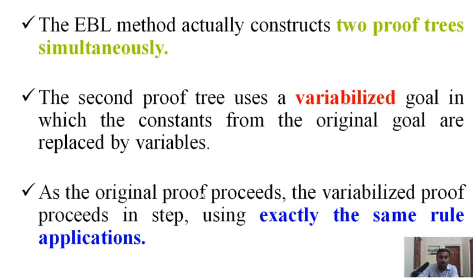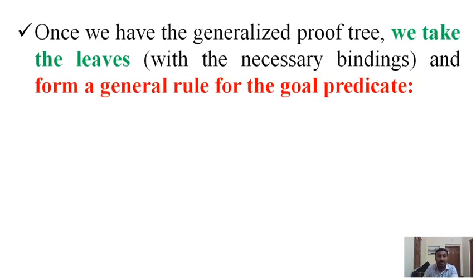As the original proof proceeds, the variabilized proof proceeds in step, using exactly the same rules applied. So both may use the same rules. We already saw those rules, and they will be used here in the same manner.